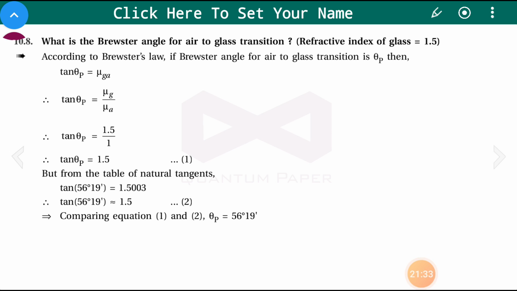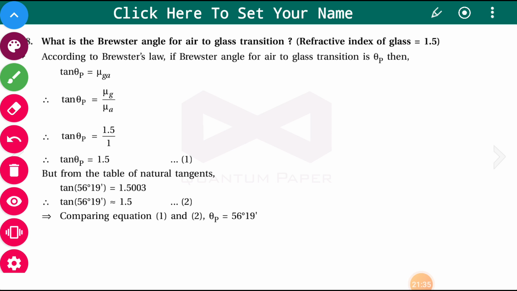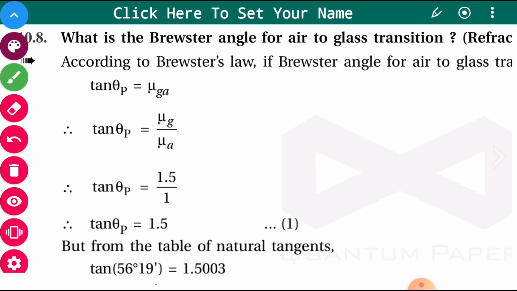Now numerical number 10.8: what is the Brewster angle for air to glass transition? Refractive index of glass with respect to air is 1.5. Now it's very easy. As you know, tan theta p is the refractive index of glass with respect to air, or we can say mu Ga.